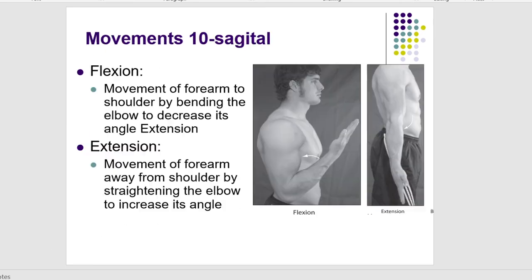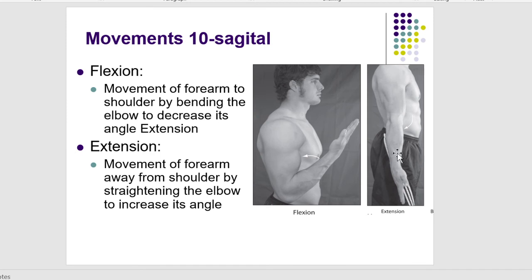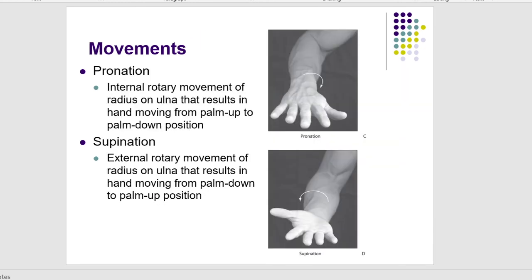Then let's go now to the movements. So this is the flexion of the forearm, and you have your extension. When you flex, you bend, decreasing its angle, while in extension, you move the forearm away from the shoulder by straightening the elbow to increase its angle.